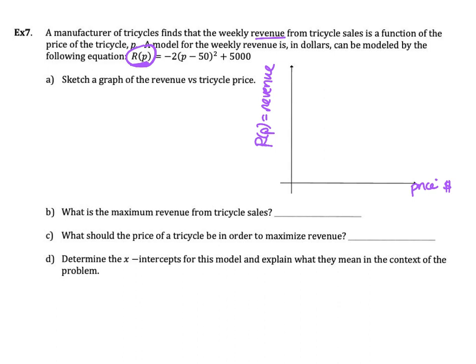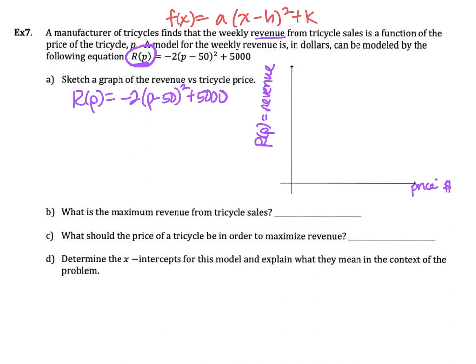Okay, so sketch a graph of the revenue versus tricycle price. Well, we have R of P equals negative 2 (P minus 50) squared plus 5,000. Hopefully you're saying, okay, this is like my quadratic equation where (h, k) is the vertex.